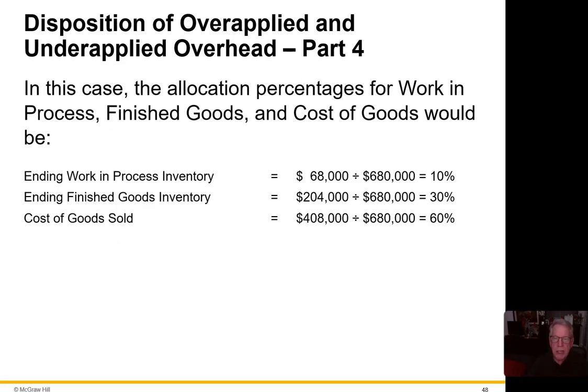So what we do is calculate that percentage. Here's 68,000 as a percentage of 680,000, et cetera.